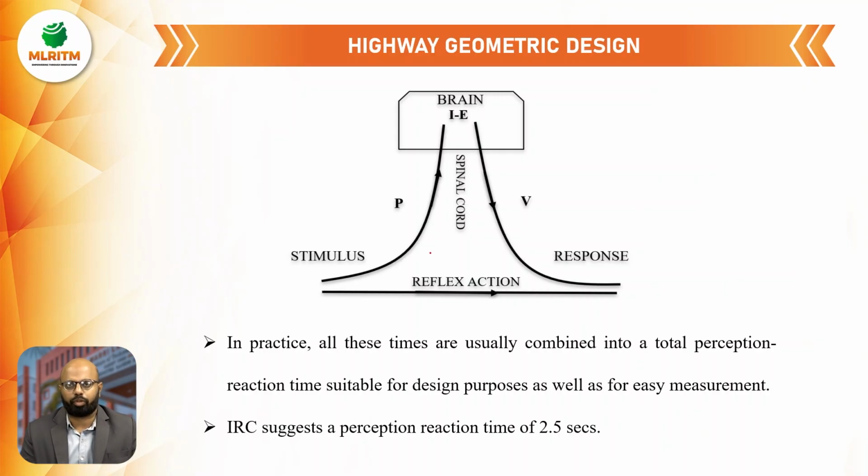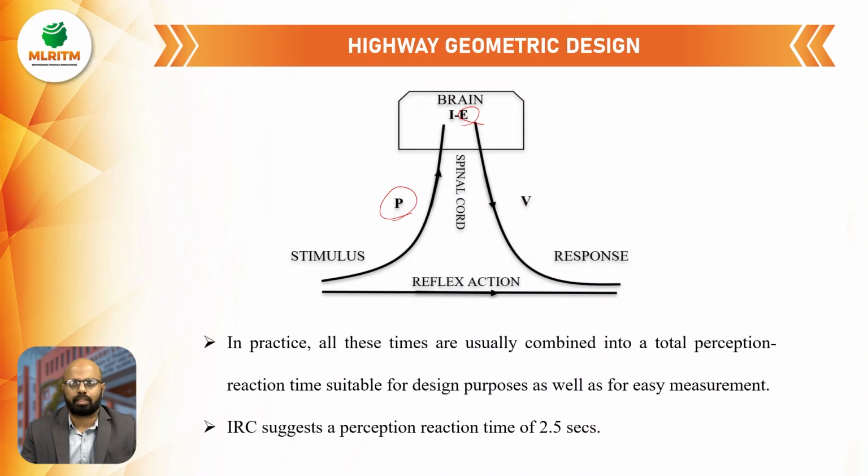The driver is visualizing the object on his own traffic lane, so that is perceiving the information. After perceiving, the signal is transmitted to the brain, so intellection is a process going on based on the visual you are seeing. Then there is emotion, based on the visualization, what is the emotion that has occurred in the brain.